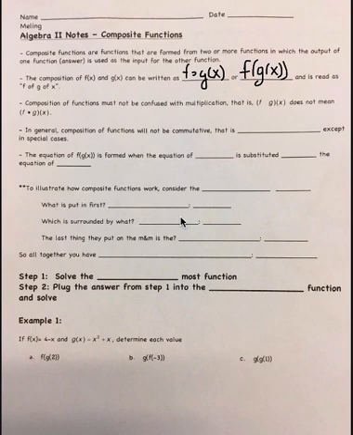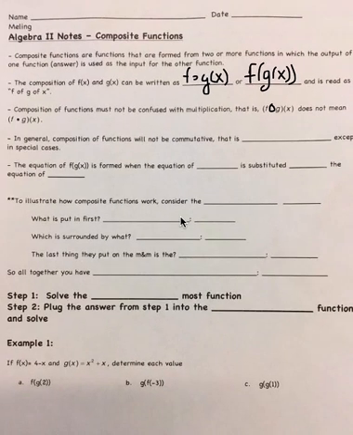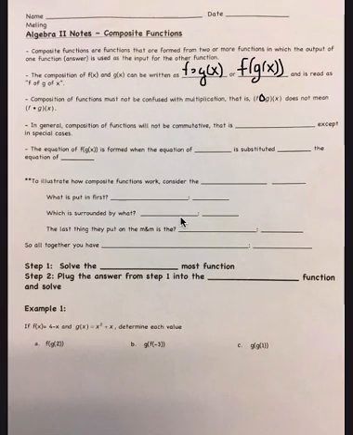Composition of functions must not be confused with multiplication. That is, f of g of x does not mean f times g of x. We've talked about that a little bit before when we were talking about operations. Make sure you know what we're talking about. We're not talking about multiplication.